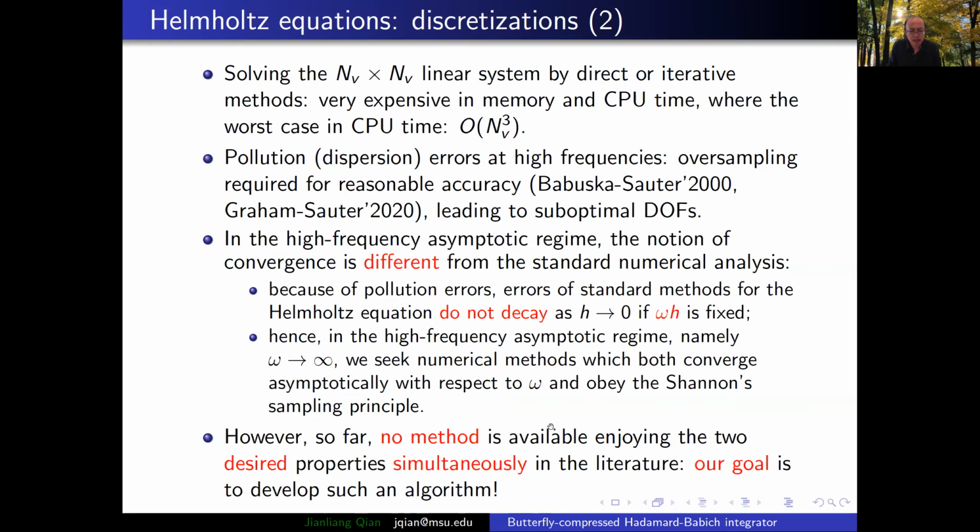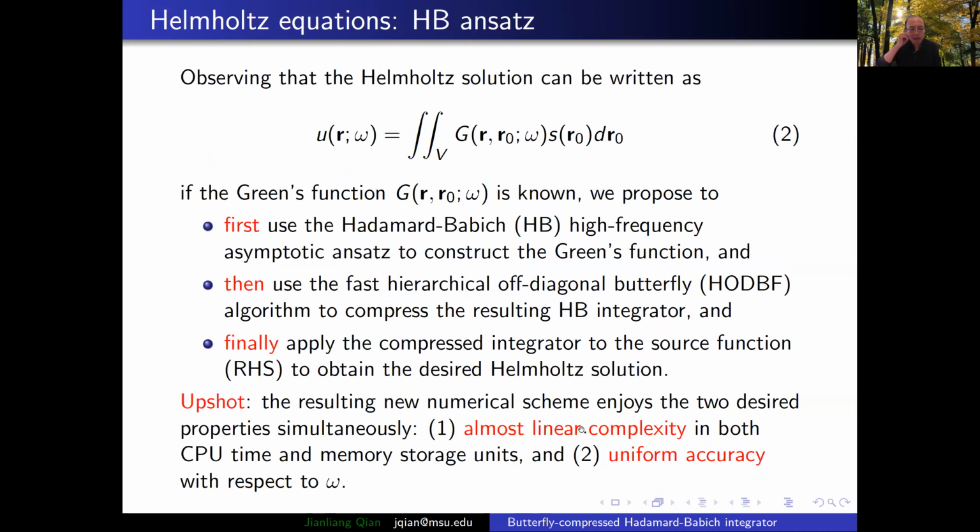So far there have been no methods, until our method, that can achieve those two properties. So that's essentially what we talk about here. What we will do is use the Green function.